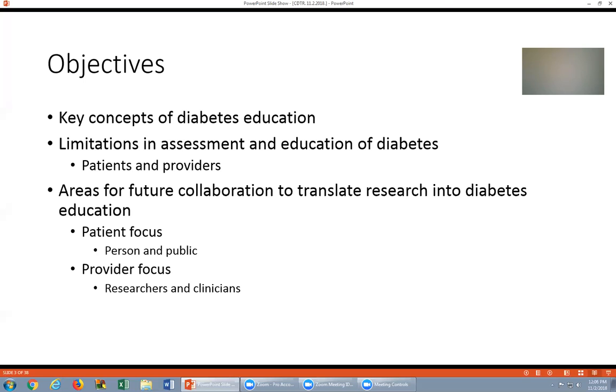And then areas for future collaboration. And this is to translate all the research that's being done from the cell level all the way to the most latest technology, and how to take that and use it to not only focus on one person, but also the public, and then also the providers.